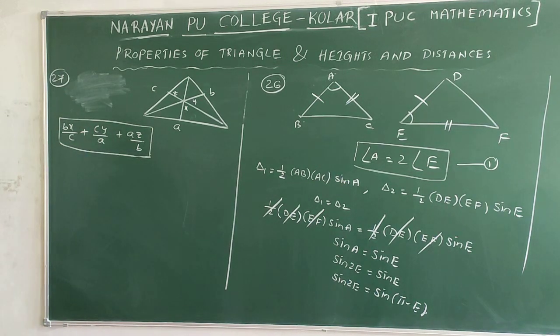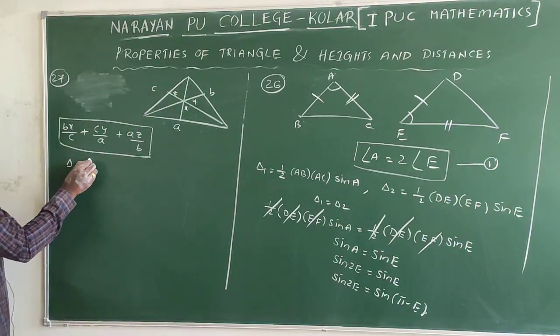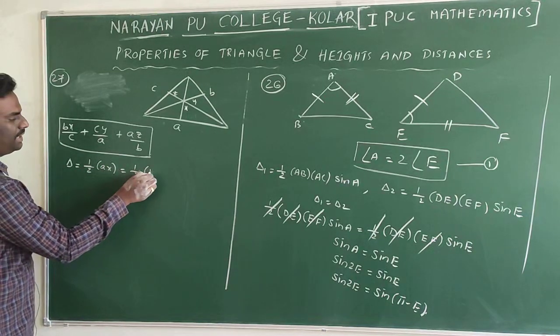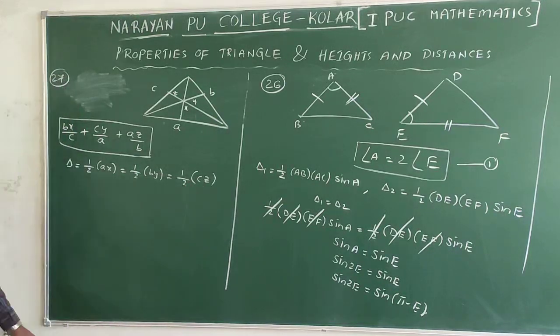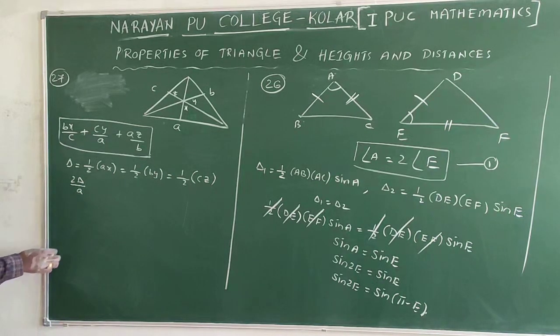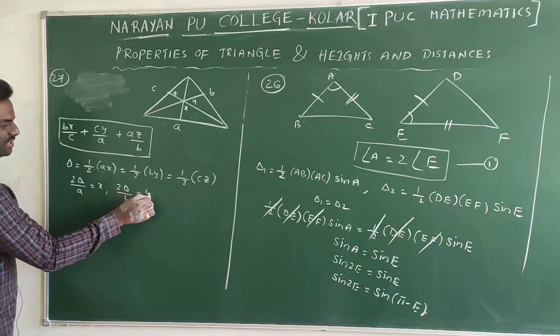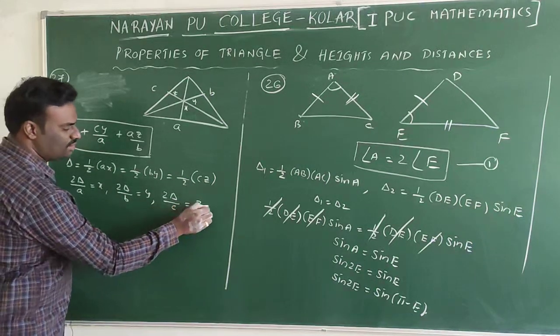Already we know the area of the triangle. Delta equals half into base into height, for each base and its height. So from this we get 2 delta by a equals x, 2 delta by b equals y, 2 delta by c equals z.